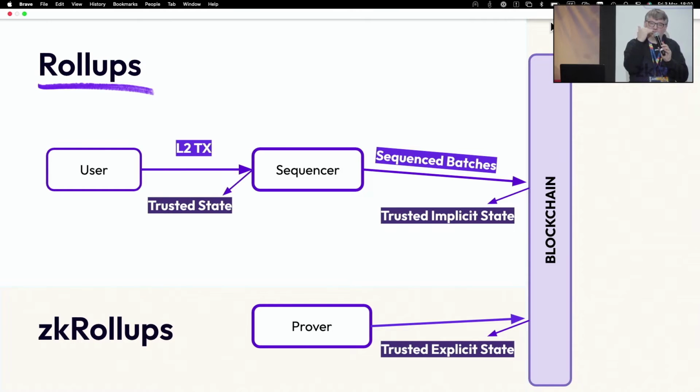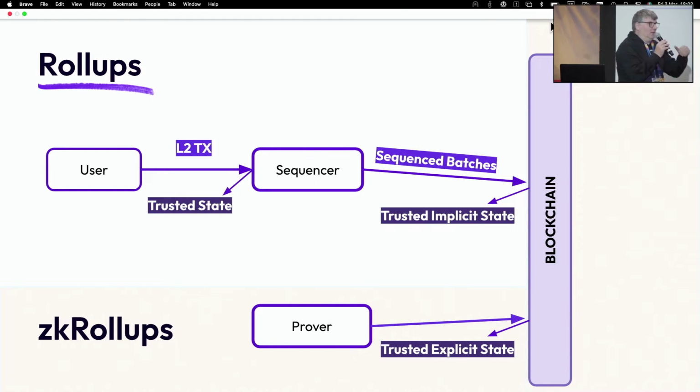If these transactions are processed in a deterministic way, you know exactly what's the current state of the network. And so they are final. They are saved on chain. But this state we call an implicit state. It's a virtual state. It's a state that anybody can compute, but is not on chain.